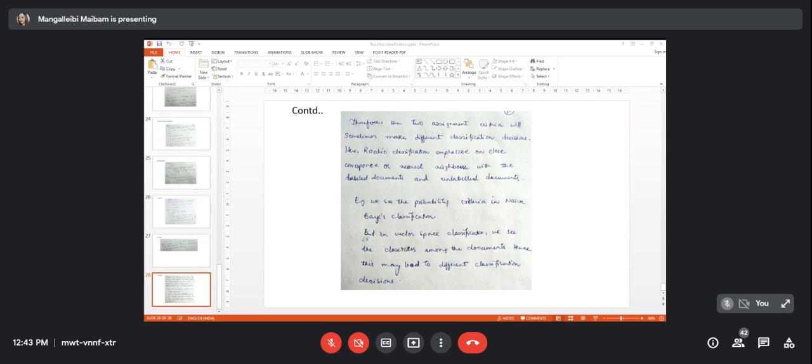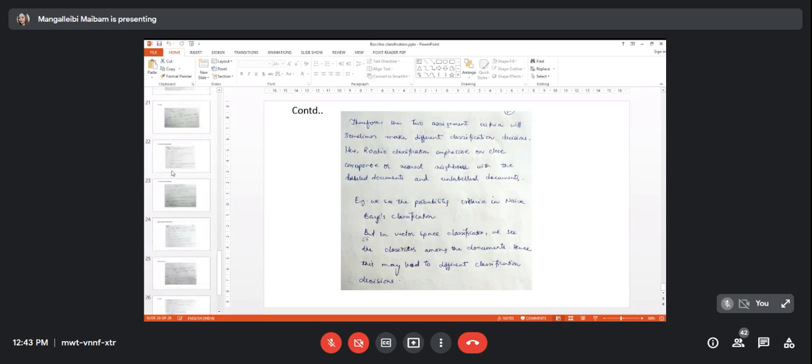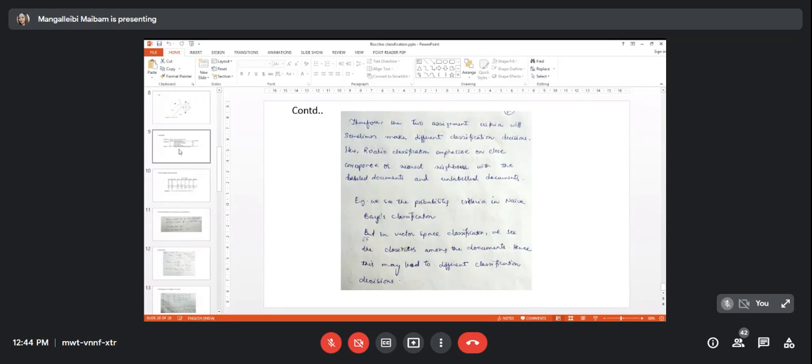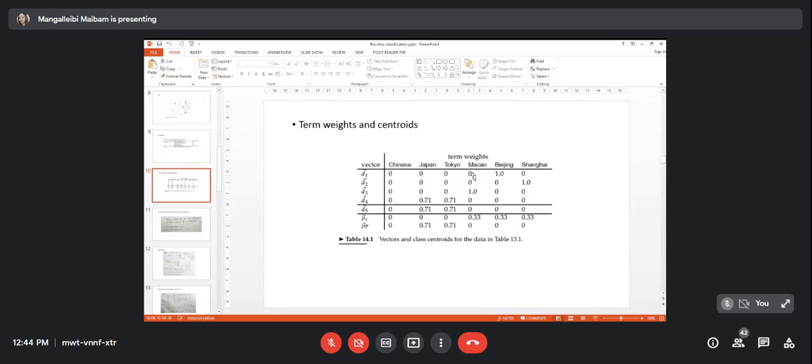Now, what is important here is the steps which you have to do for the calculation of Rocchio classification. This is not the direct step. This is the final step, along with the mu c values and all. So before getting this table, what are the steps you have to find?